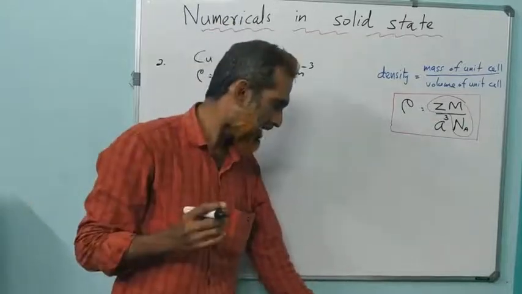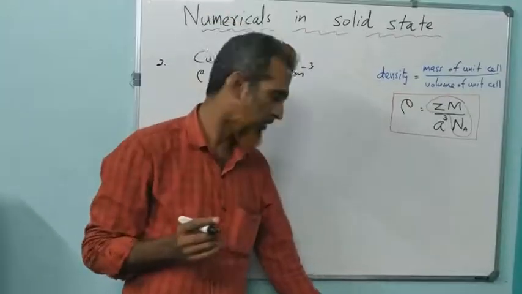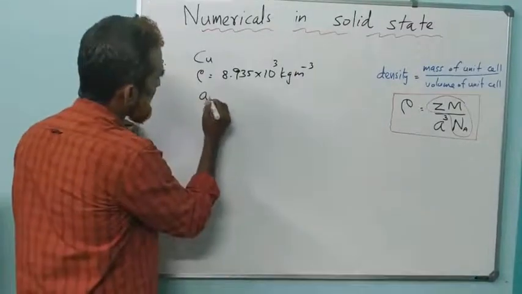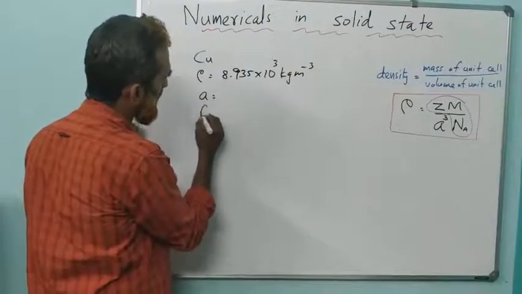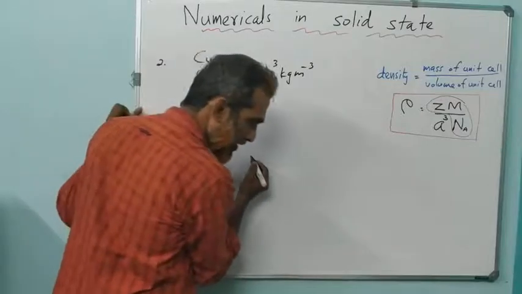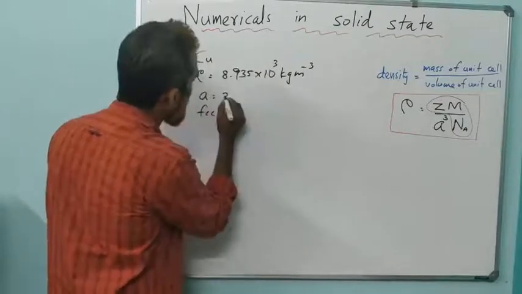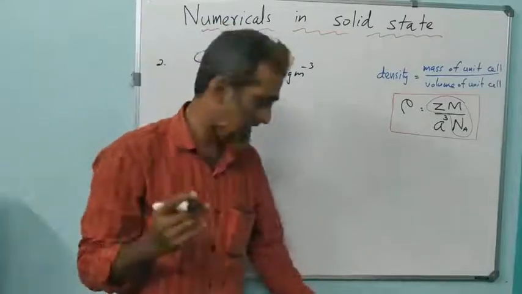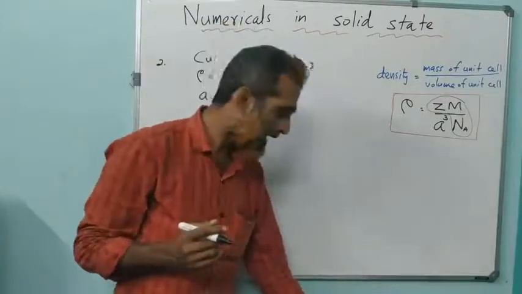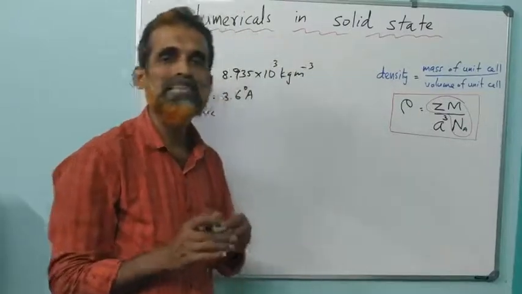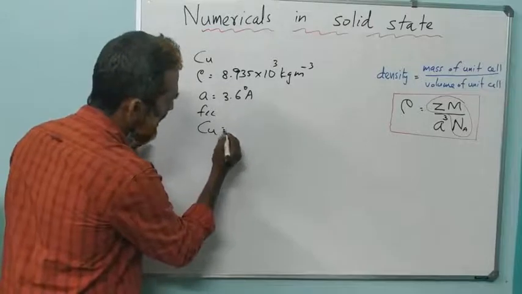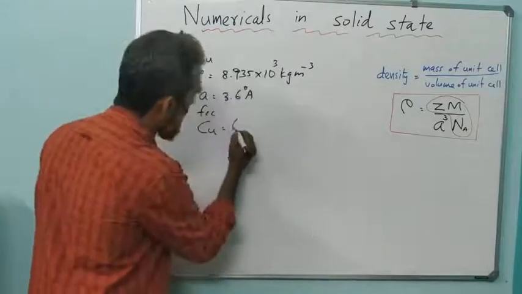The edge length of the FCC unit cell of copper is found to be, so edge length A is given and it is said it is an FCC crystal, 3.6 angstrom from X-ray diffraction studies. Calculate the Avogadro number using the data. Avogadro constant is to be calculated and atomic mass is also given, 63.54.